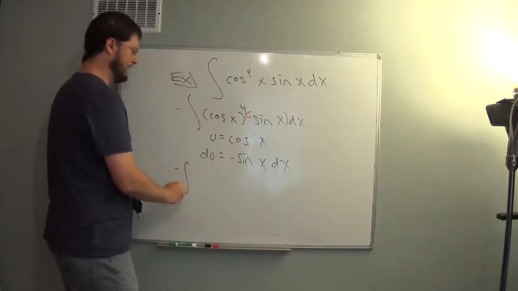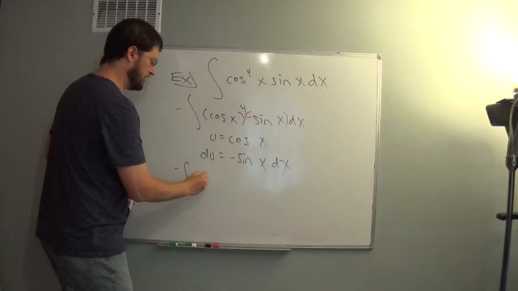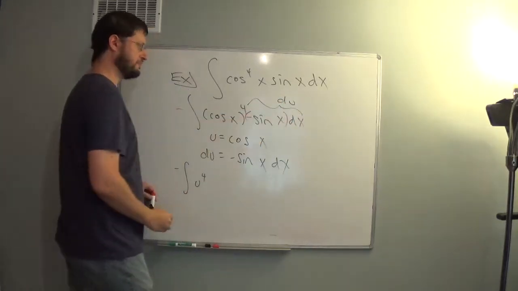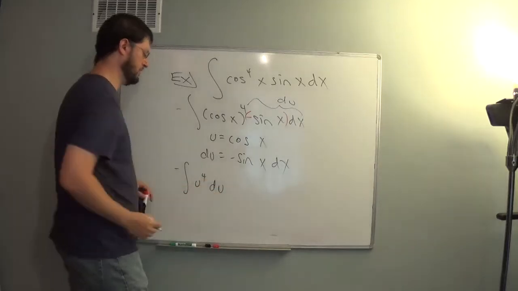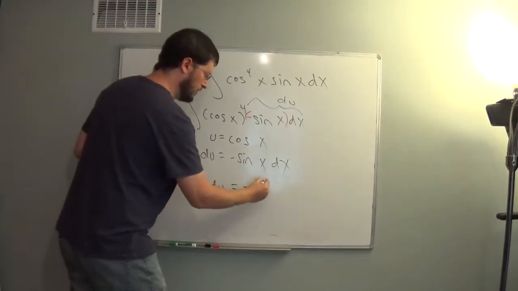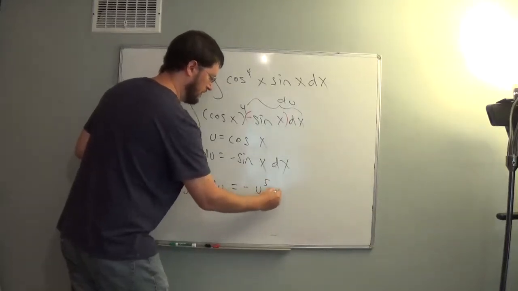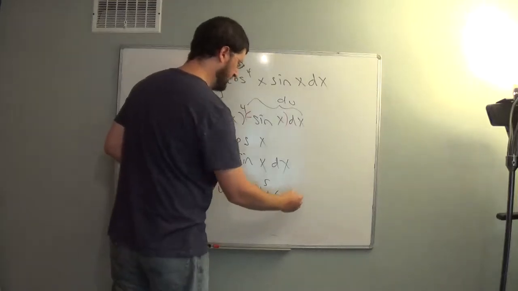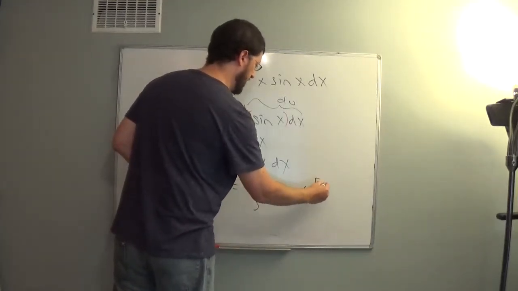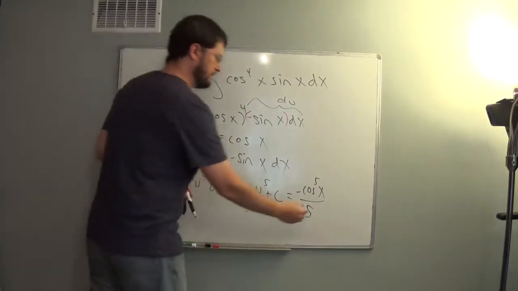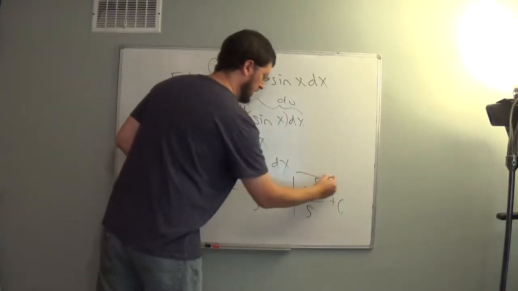After I do that, that becomes negative U to the 4th power, and this whole thing is du. The integral of U to the 4 is U to the 5 over 5. Put U back into x, and I get negative cosine to the 5th x over 5. And that's our answer.